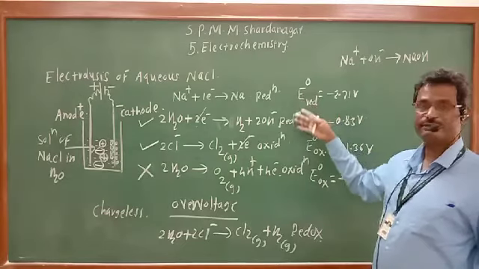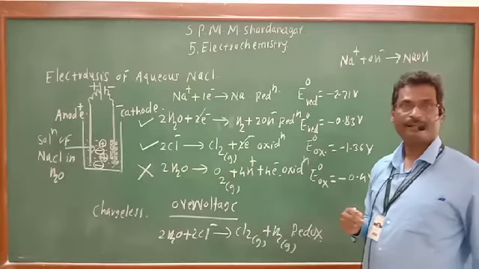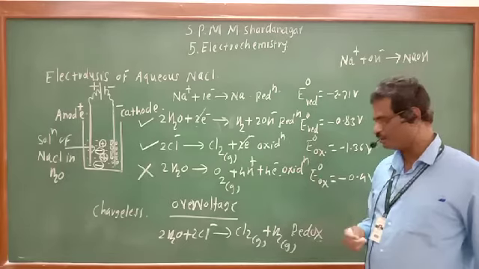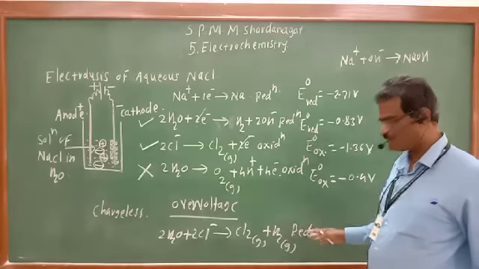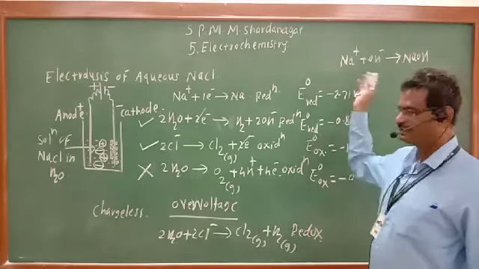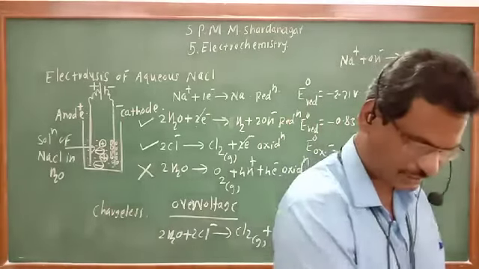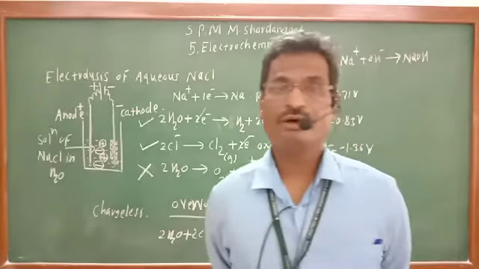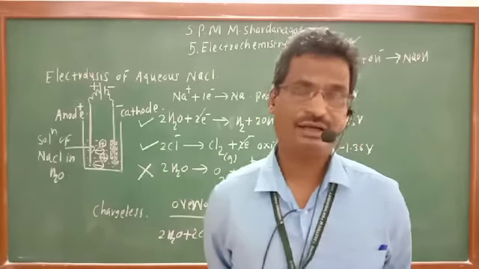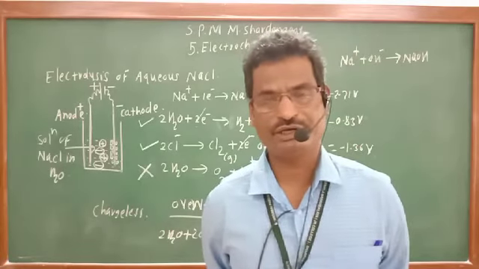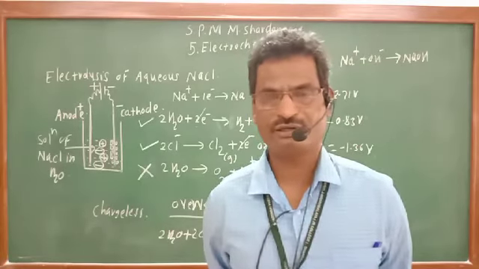Here we have to explain the competition to undergo reduction and oxidation. We have to explain the net cell reaction and conclusions. In the conclusion, the important part is that we started with NaCl and end with NaOH. That is important.